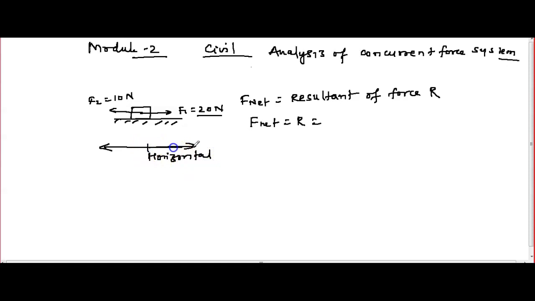This is the positive x-axis, this is the negative x-axis, and this upward direction is called vertical, which is the positive y-axis, and this is the negative y-axis, right?